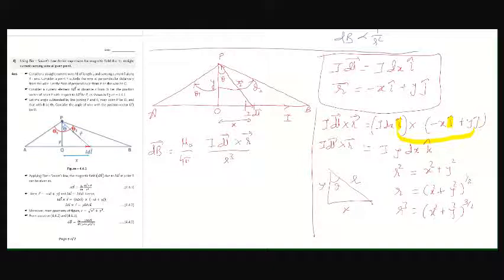Okay. So I'll substitute all these values in the formula, and then we have mu 0 I by 4 pi, and look at the cross product I y dx k cap. I is already considered, so y dx k cap, and in the denominator I will write x square plus y square raised to 3 by 2.